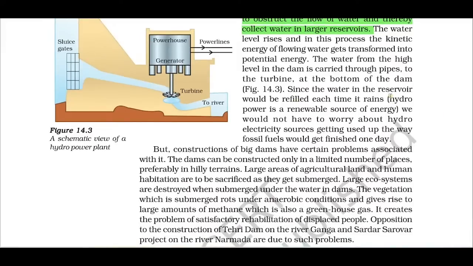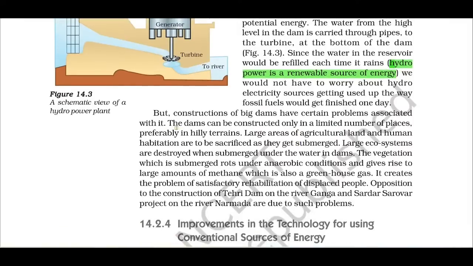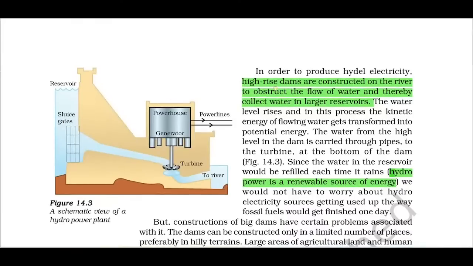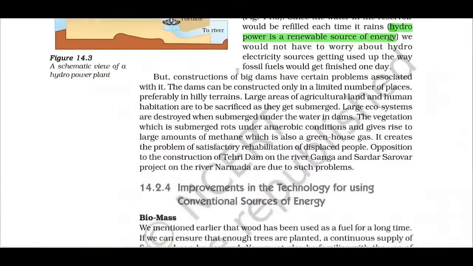So hydropower is a renewable source of energy. Give reason. By construction of high rise dams, you can generate hydro electricity, right? And also you should know that by construction of dams, there are few problems associated with it. What is that?